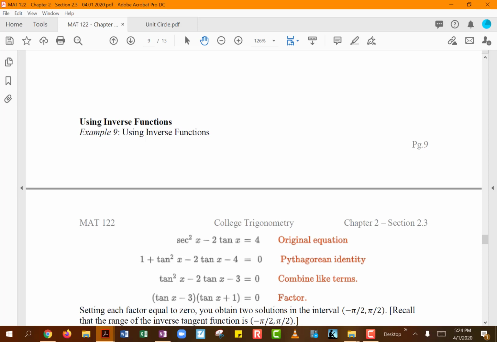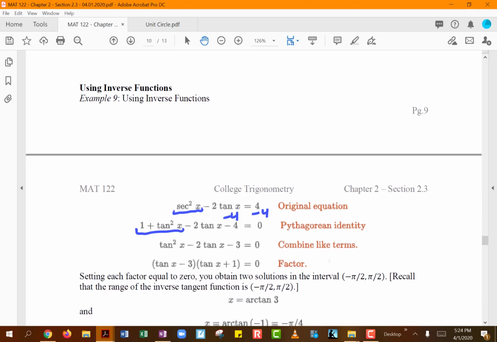So we're bringing the 4 to the left hand side. The first thing we're doing is subtracting this 4 and bringing it to the left. The other thing we are doing is using the trigonometric identity for secant squared and replacing it with 1 plus tangent squared. So the secant squared is getting replaced and the 4 is moving to the left hand side.